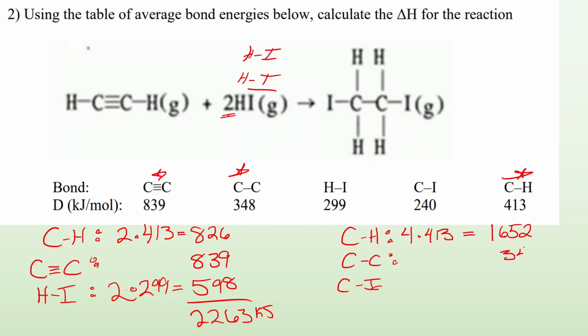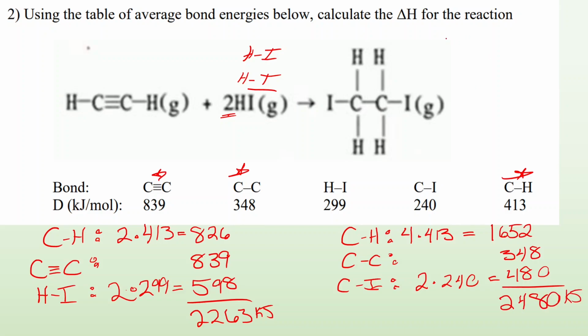So when I make that bond, it's releasing 348 kilojoules. And the carbon-iodine bonds, well, I have 2 of them, and they're each 240. So when I make those new bonds, I end up with 480 kilojoules being released. So when I add all those together, I end up with 2480 kilojoules being released.